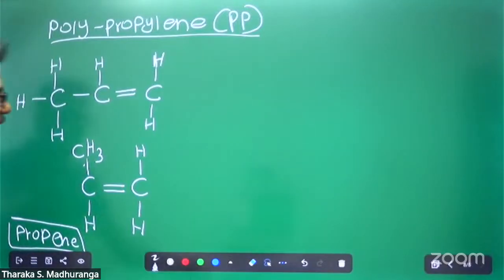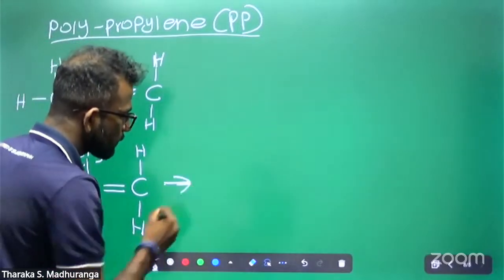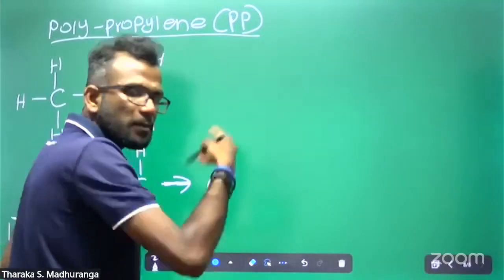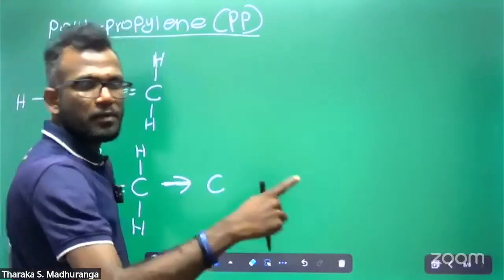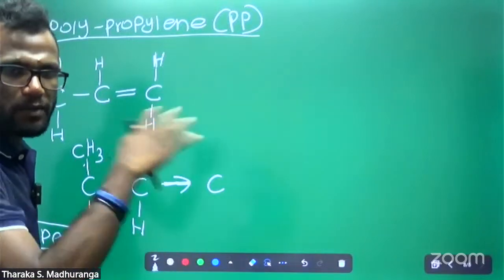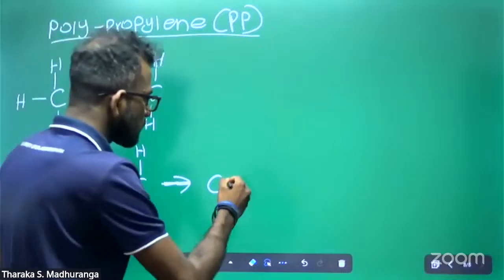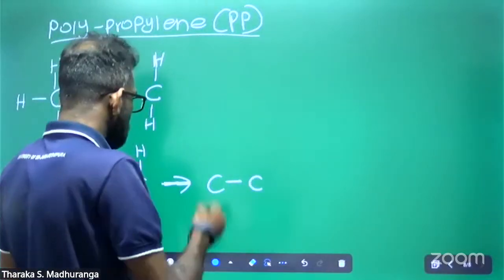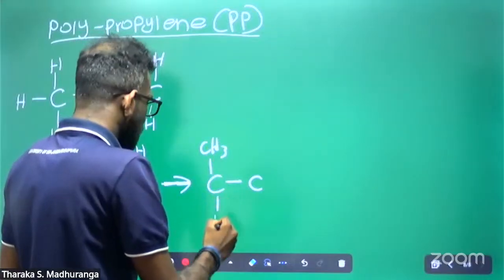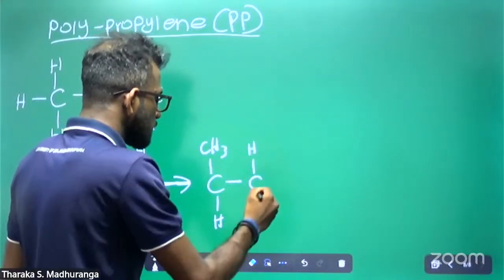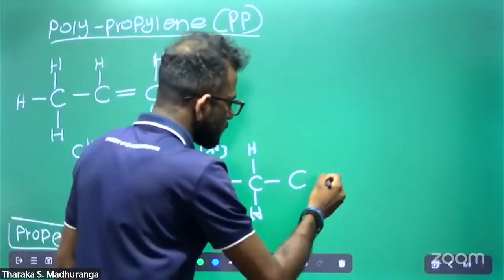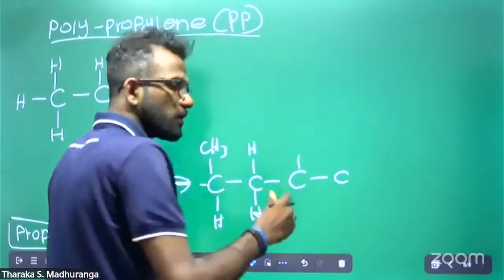Polypropylene is produced from this monomer. This is the same as polyethylene. One bond of the double bond breaks down. Then the carbons have single bonds, with CH3 and hydrogens. Then another propene combines in addition polymerization.